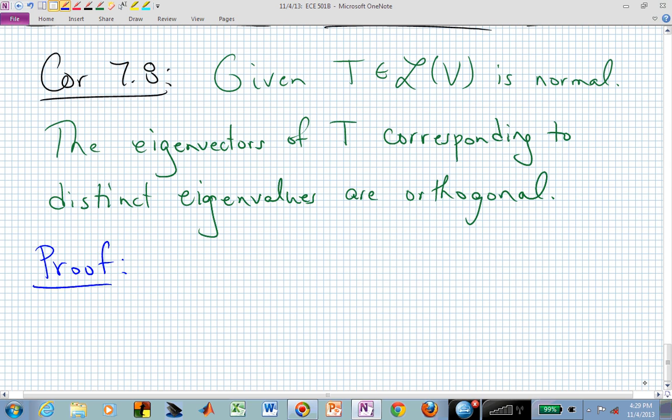So if we have distinct eigenvalues in this operator, then the eigenvectors associated with those distinct eigenvalues are orthogonal. That's kind of a nice result.